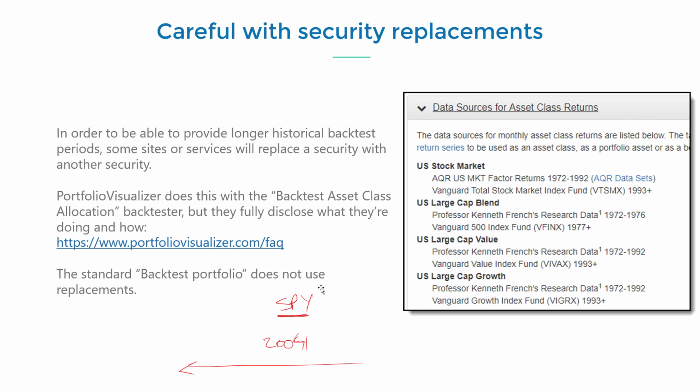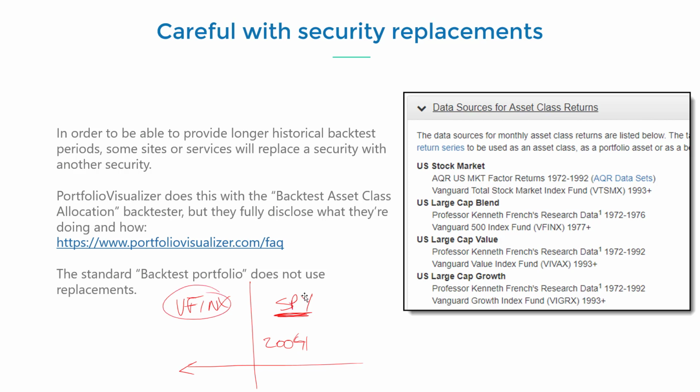So what security replacement will do is that you essentially find something that's equivalent to whatever it is that you're trying to track here, and you replace it with something else, such as VFINX as an example. And this is just a Vanguard fund that essentially still tracks the same kind of stuff.